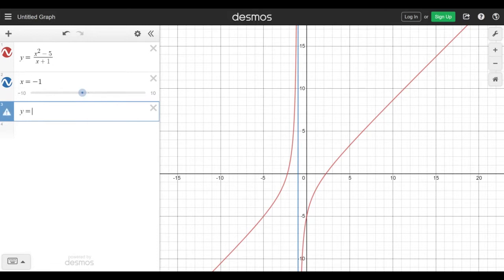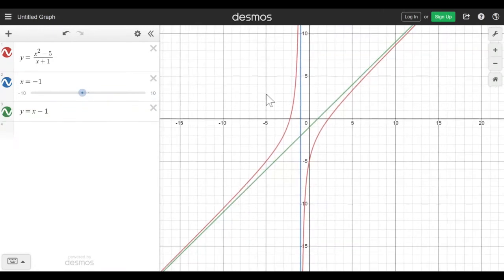And the quotient we solved was x minus 1, so we put y in front of that. y is equal to x minus 1 now. And that's the green diagonal line that's passing through the broken part of the graph.